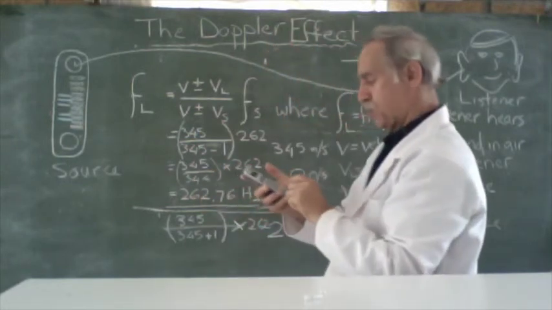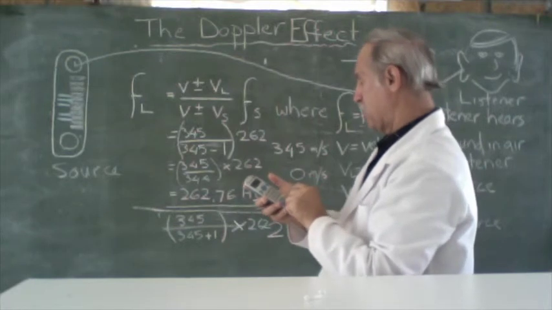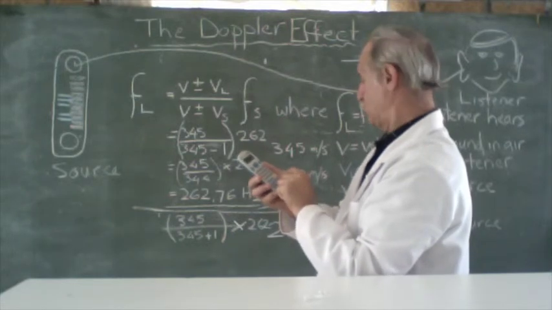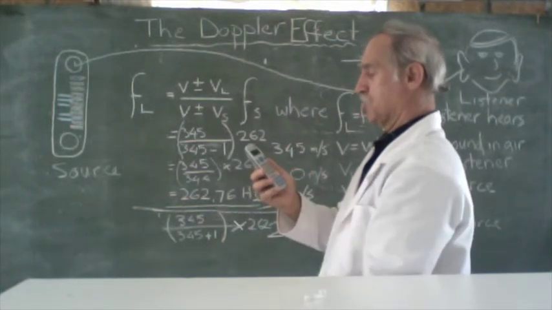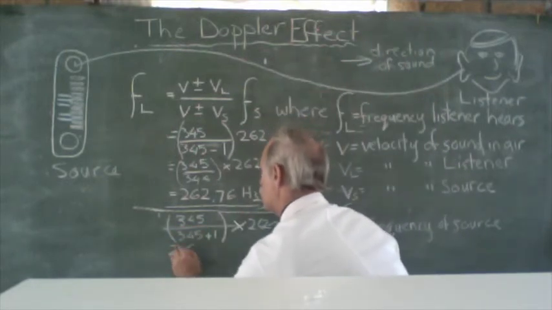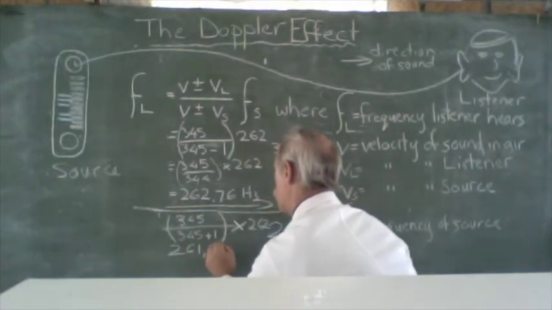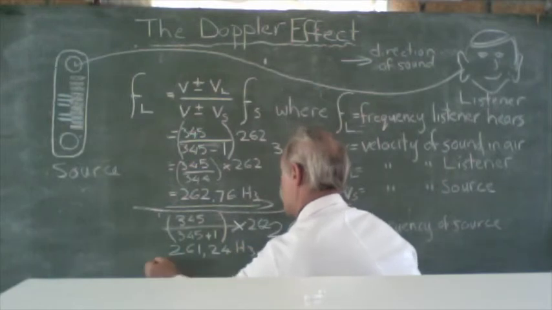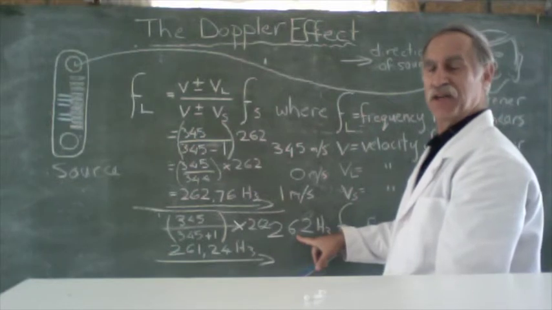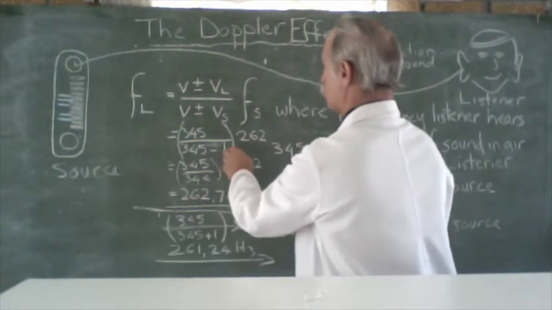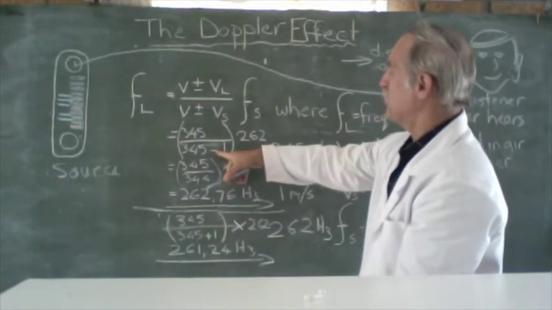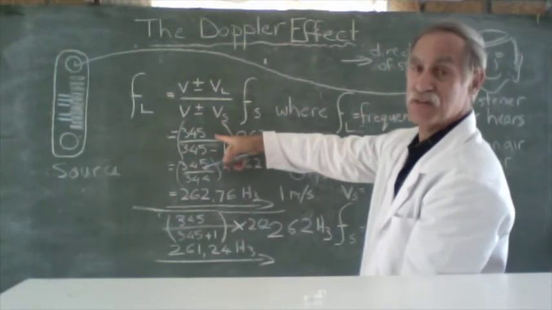So let's do the math. 345 divided by 346 times 262 equals 261.24, 261.24 hertz, and we see that that has lowered it slightly below middle C. So when our source is moving towards the listener, we're going to subtract at the bottom, and that's going to raise the frequency.